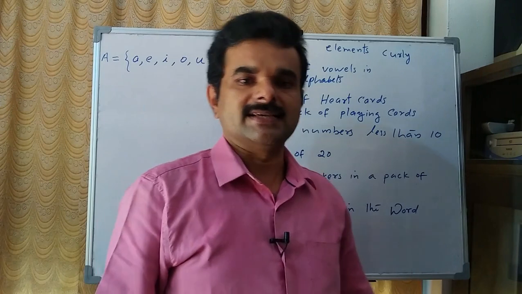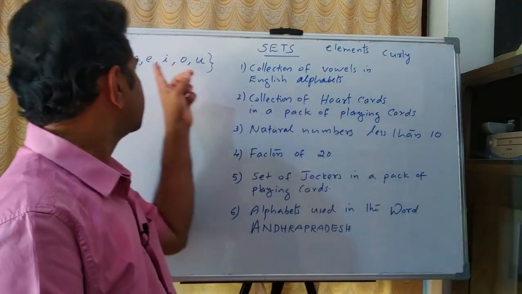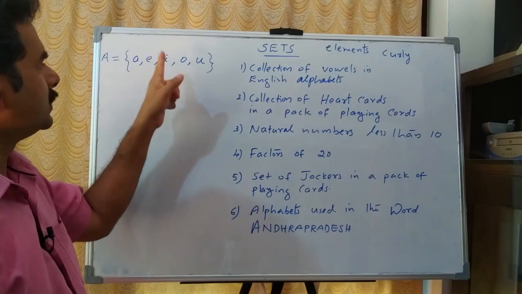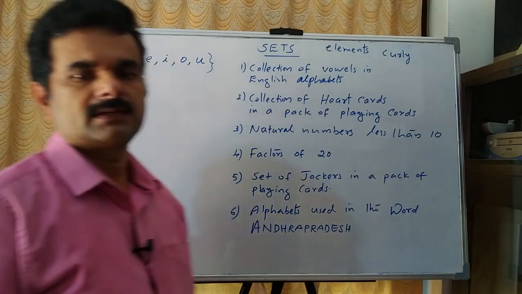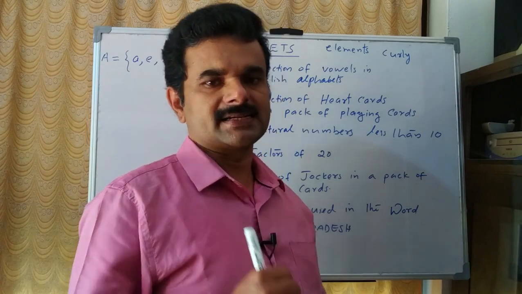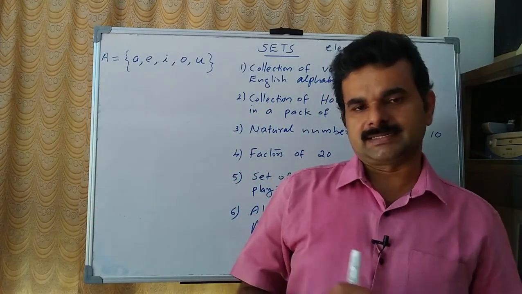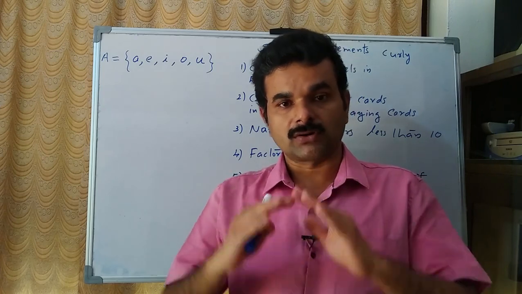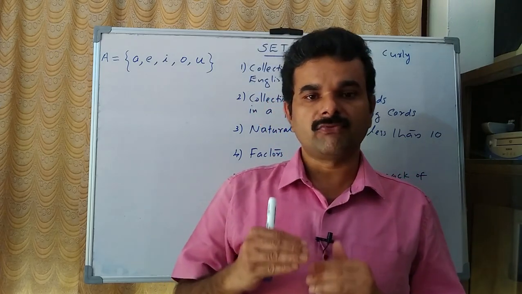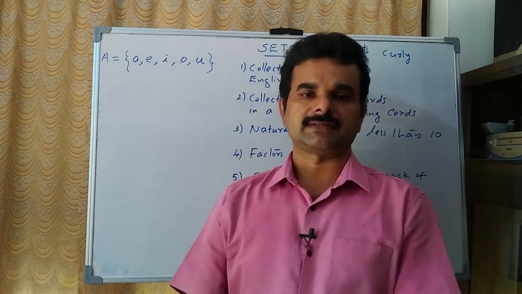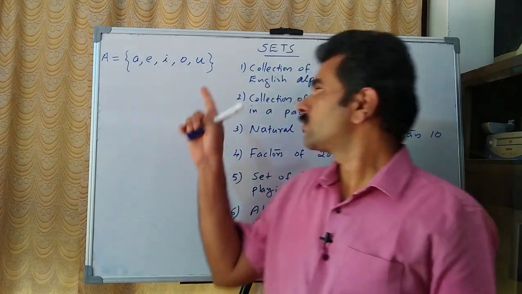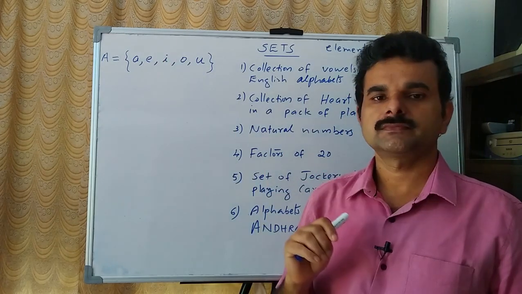This is a set. It is read as what? A is equal to set A, E, I, O, U. So this is the categorization of a set. So a set is a collection or group of well-defined objects or elements. Each element is separated by comma. Clear?